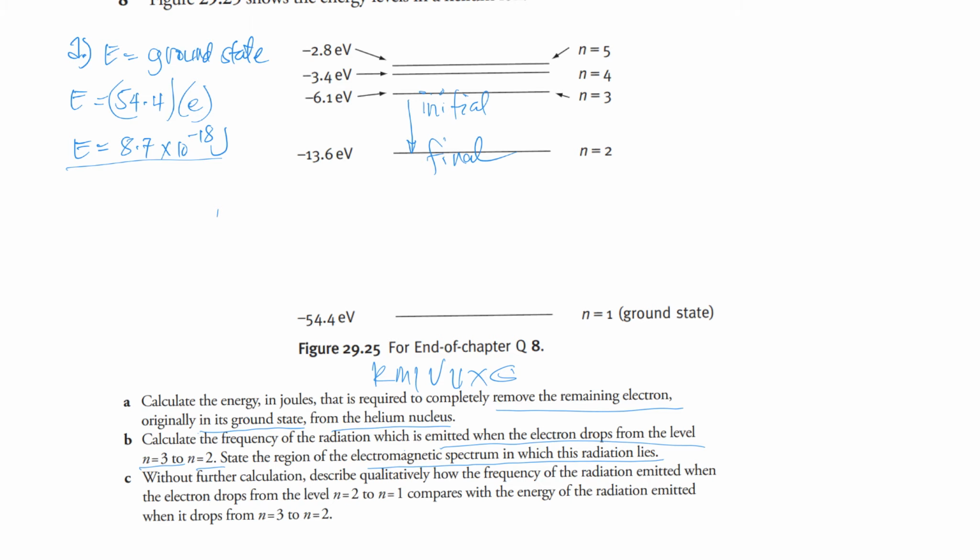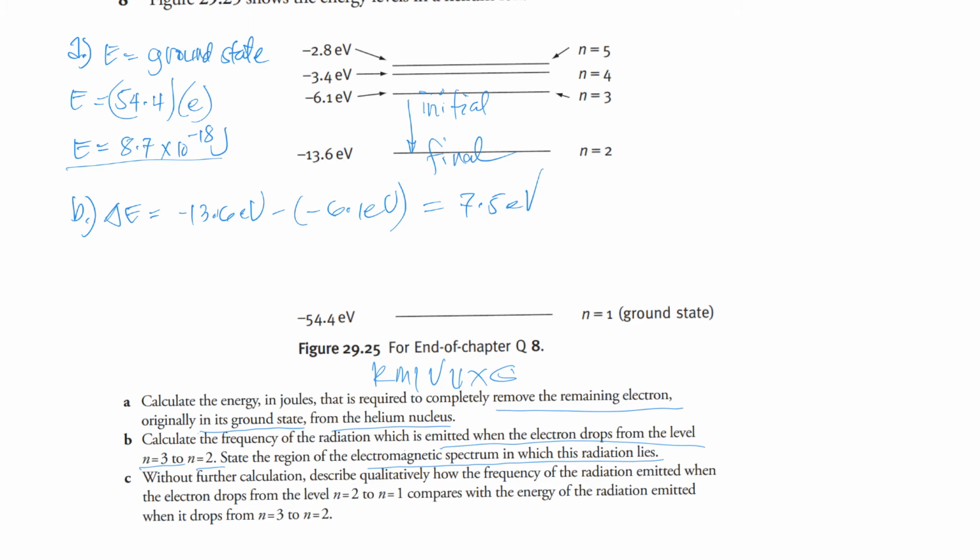So the change in energy is final, negative 13.6 electron volt, minus the negative 6.1 electron volt. It will give us around 7.5 electron volt. That's right.